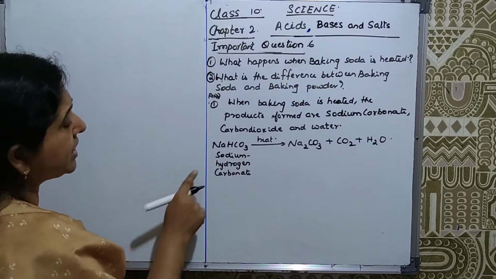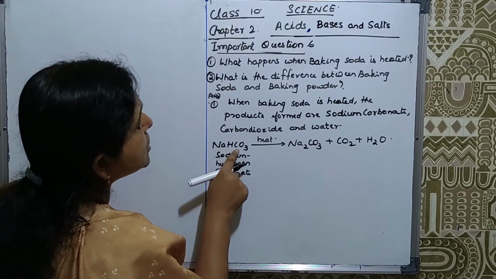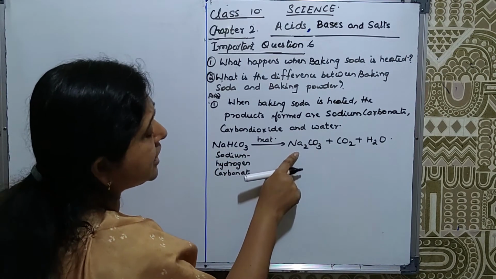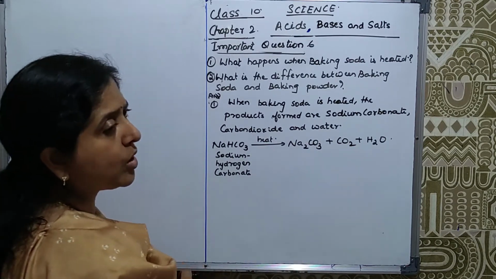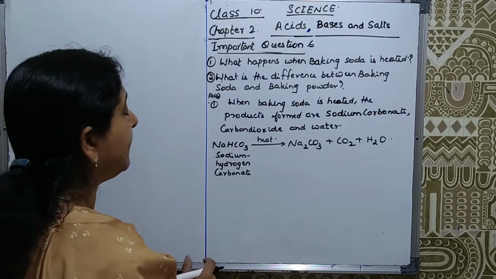Physical states are not given in the question. So if you want to write, NaHCO3 in the solid form gives Na2CO3 solid plus carbon dioxide in the gaseous form plus water in either gaseous form or liquid form.